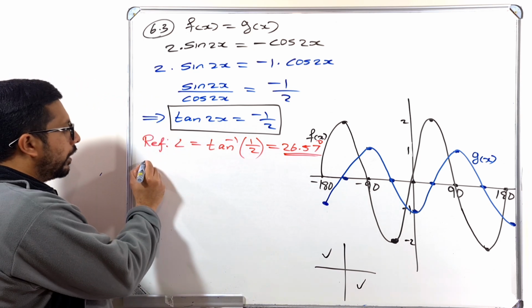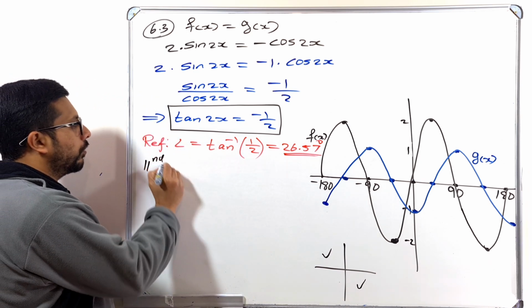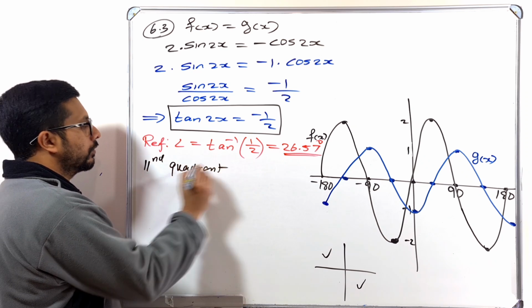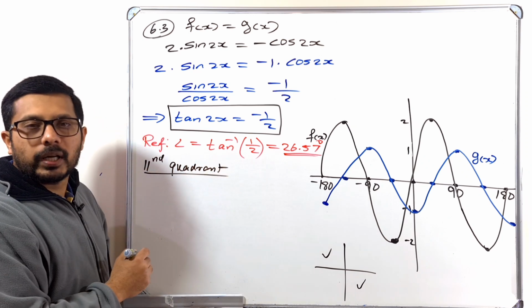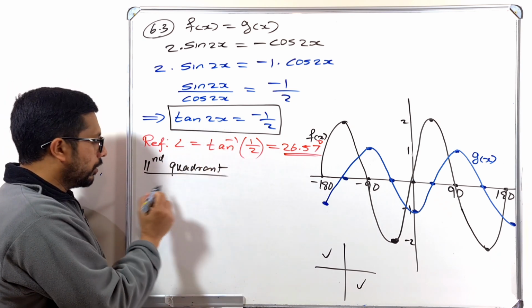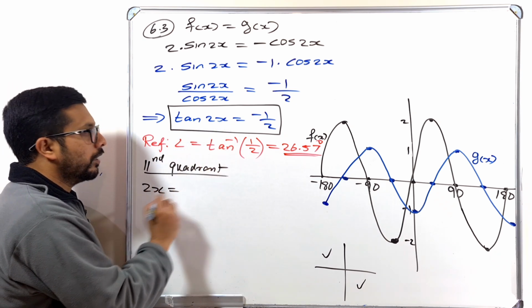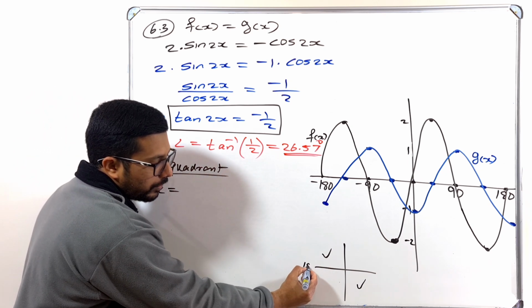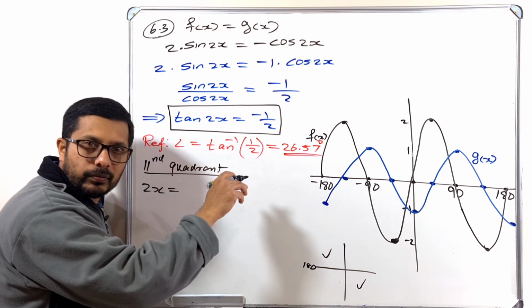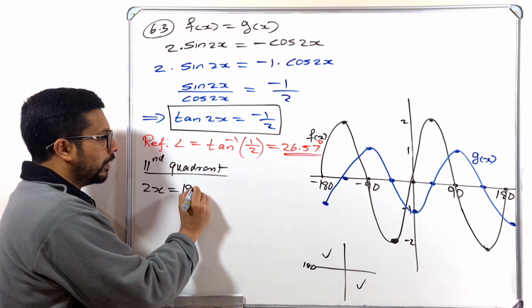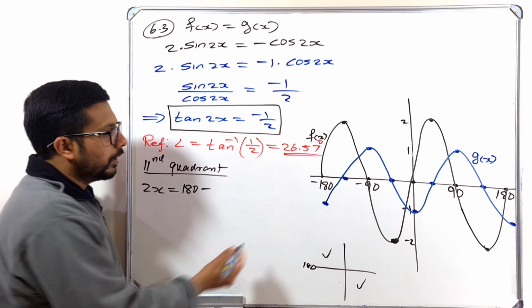So first we can write the second quadrant. How can you write the second quadrant? What is the angle here? 2x. So 2x in the second quadrant is 180 minus the reference angle.